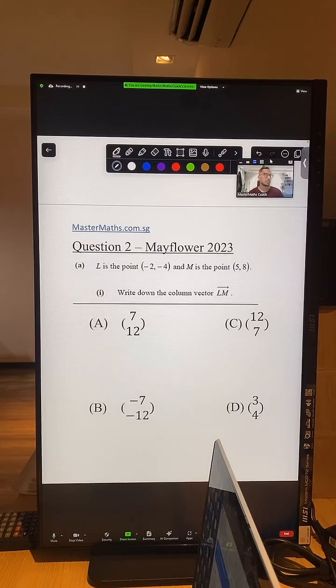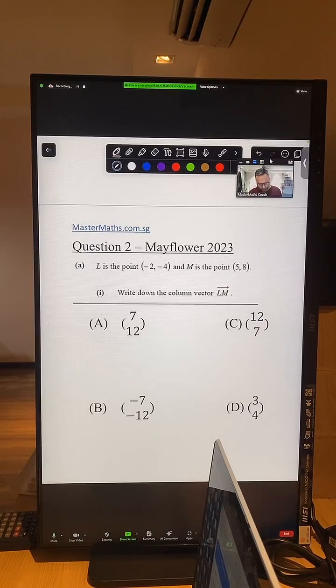Come on guys. TikTok, let's see. What is your answer? A, B, C, or D? How to find the column vector? Okay, give you a few minutes to think.